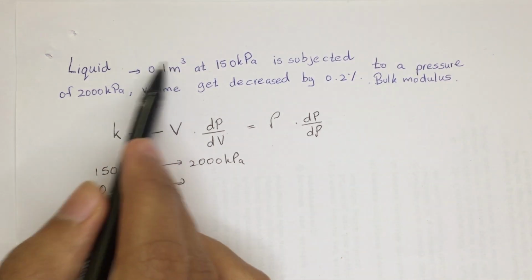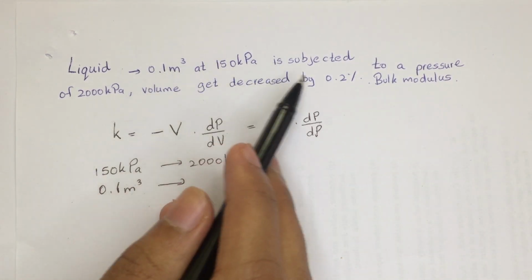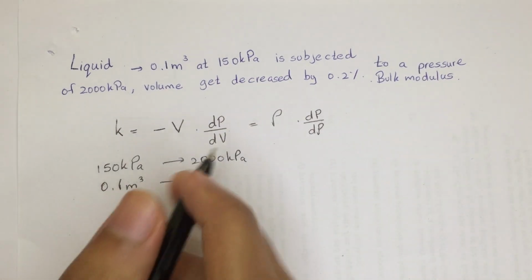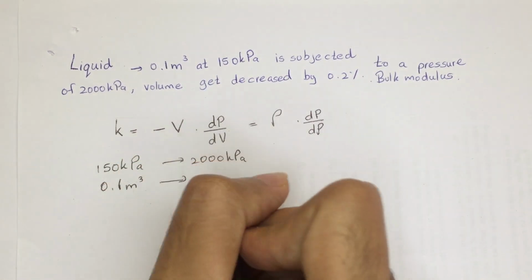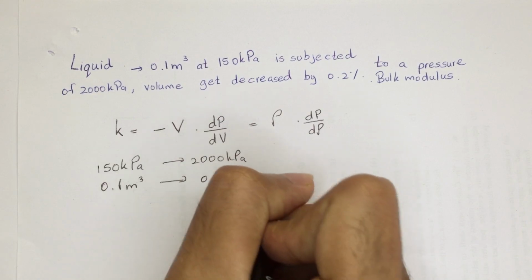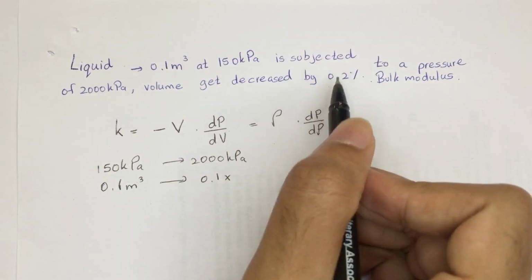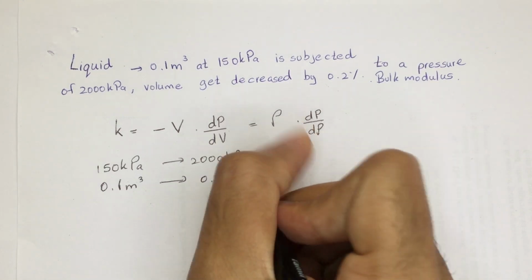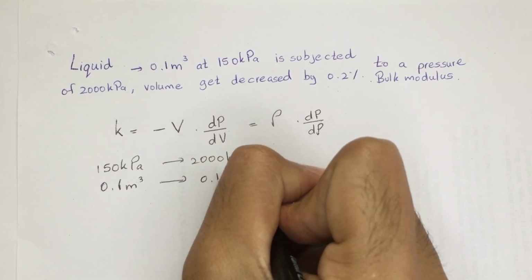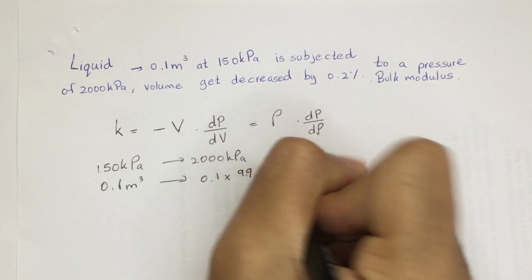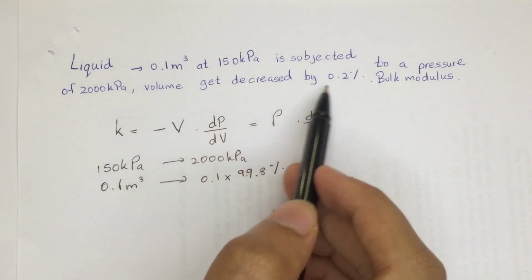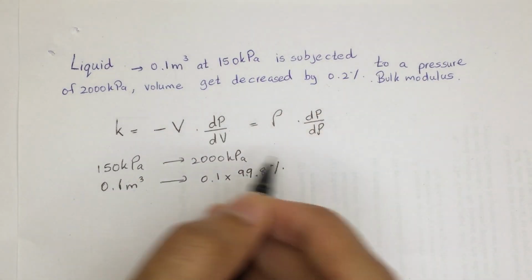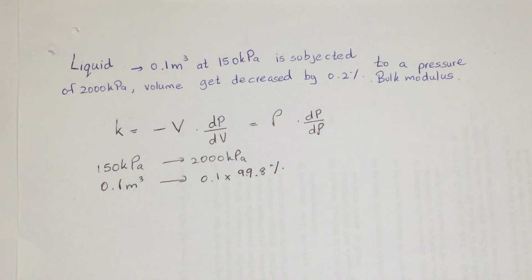This is 0.1, and it's going to decrease by 0.2 percent, which means it's having 99.8% balance.